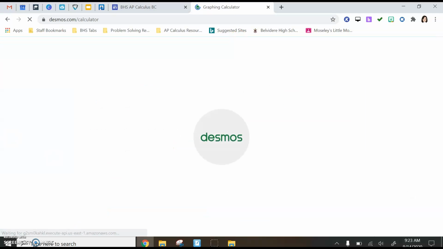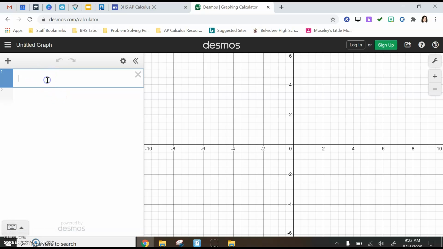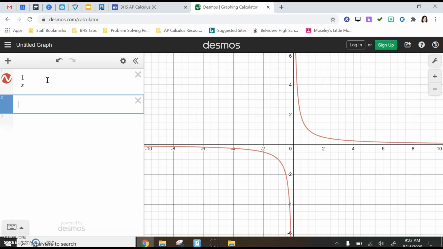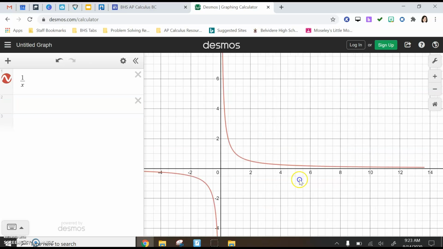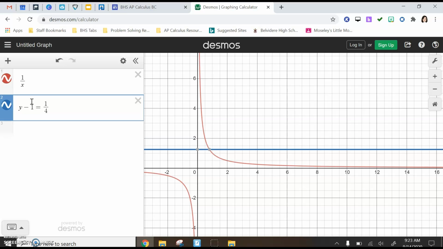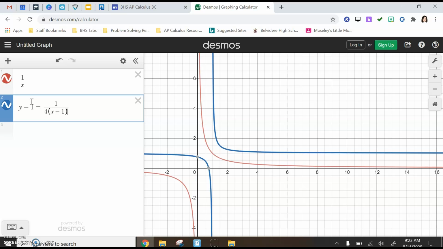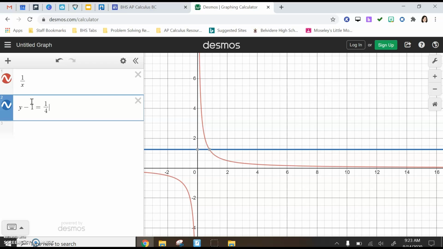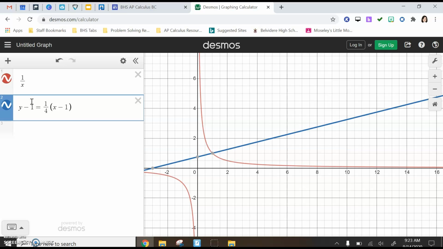So we're going to go ahead and graph 1 over x. And then we are going to graph at 1, 1, y minus 1 equals 1/4 times x minus 1. And that should be a negative 1/4 that I typed in there.